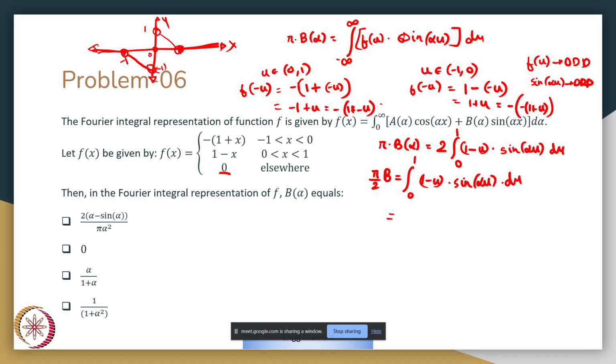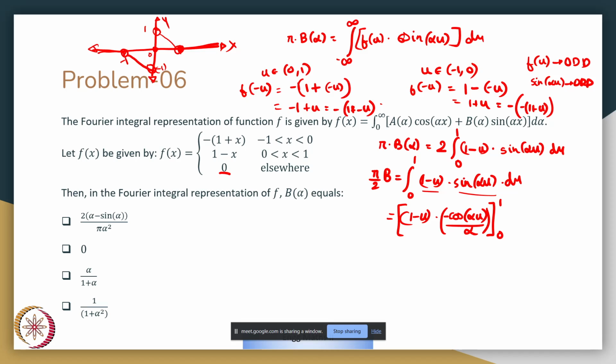If I integrate this by parts and integrate this term initially, it will be 1 minus u times sine of alpha u, and the integration of sine of alpha u will be minus cos of alpha u by alpha. So this term will have the limit 0 to 1.